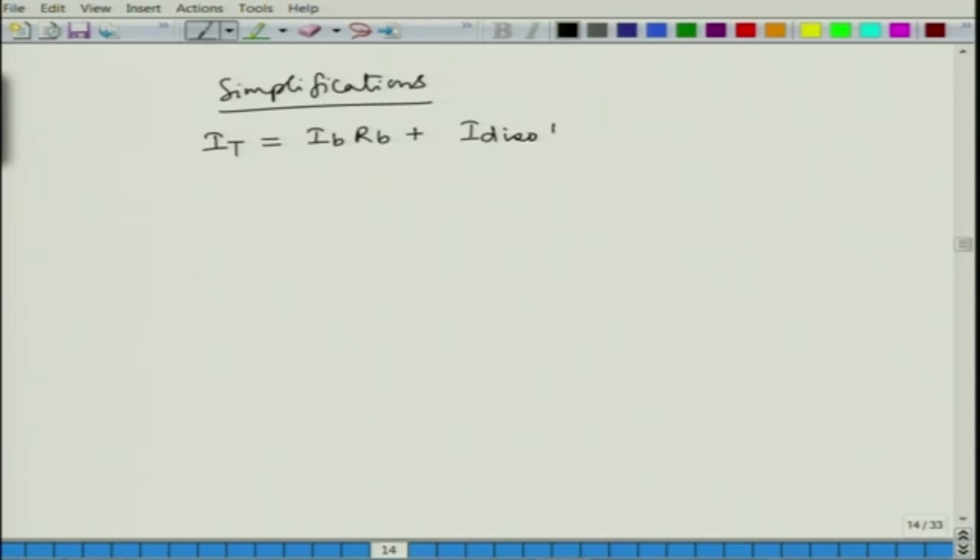Now, if we put in all the simplifications, what we can write is that I t will be I b R b plus I d iso F c to s plus I d c s multiplied by R b plus I d horizon multiplied by F c to horizon plus I rho g F c to g.